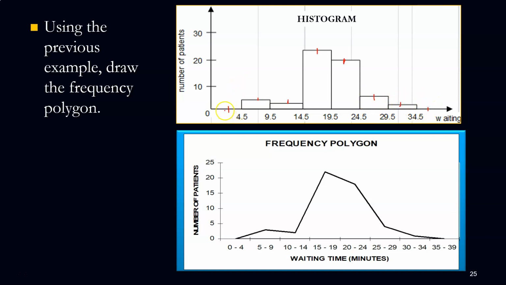So you just connect it. Sambungkan dia. Turun sikit. Sorry, my drawing is not smooth. Okay, then you connect all the line lah. So dia jadi macam ni. So you can have a frequency polygon like this.